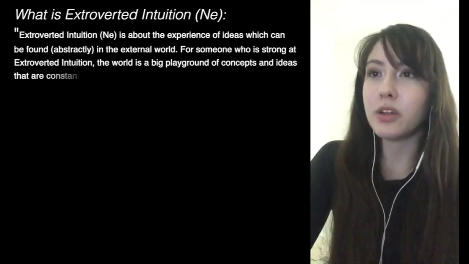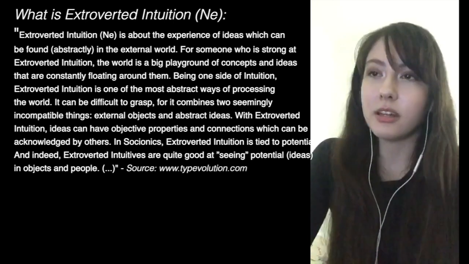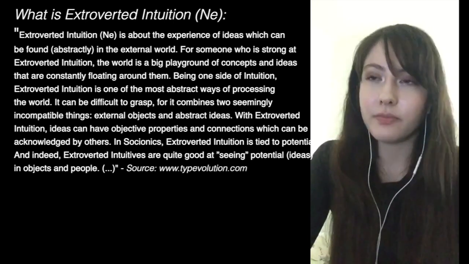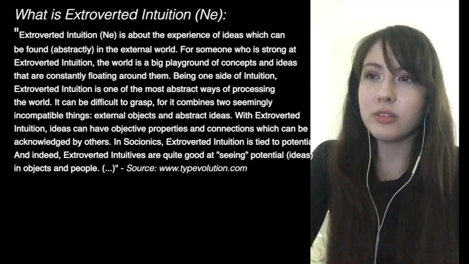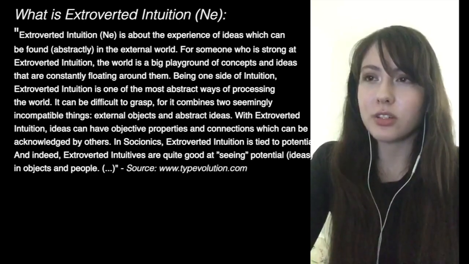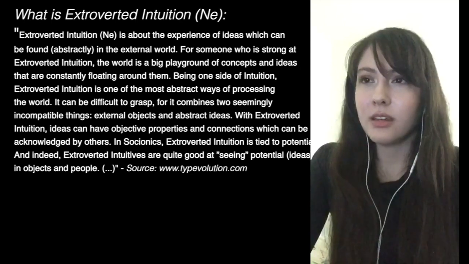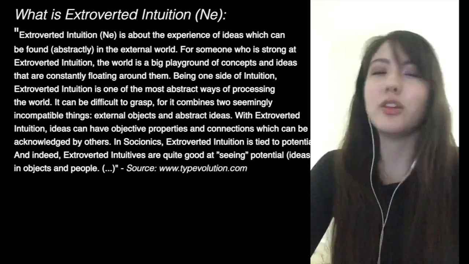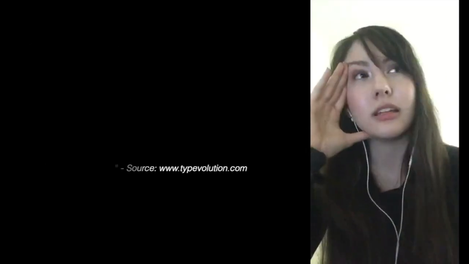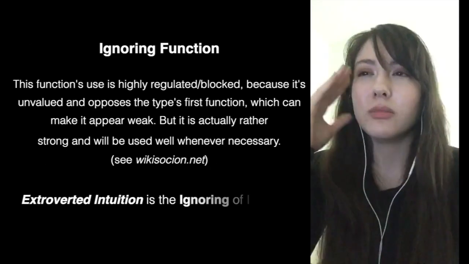Okay, so what is different? Obviously ILI has better NE, better intuition, and especially better NE than SLI. But the interesting thing is it's their ignoring function. When I think of blocked, the ignoring function is blocked a bit.